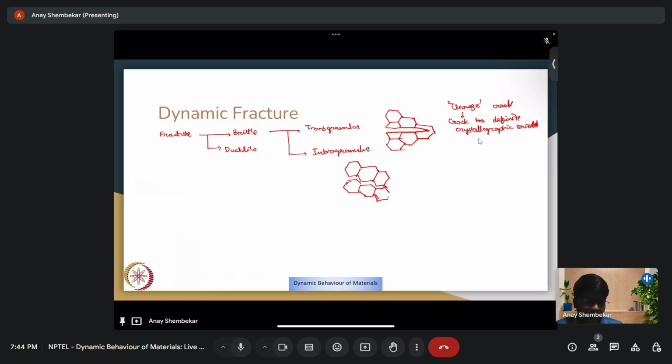So in case of intergranular crack, the crack moves along the grain boundary. And for ductile material, you can have transgranular crack. Because we have seen that in ductile materials, there will be dislocations and other types of defects, voids and so on.